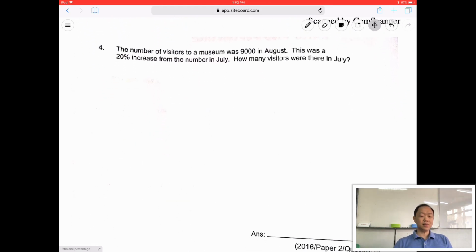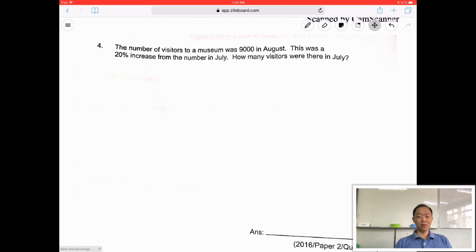Okay, so the number of visitors to the museum was 9,000 in August. This was a 20% increase from July. So 9,000 in August, we got 9,000 people. So we got July. 20% increase means August is 120% and July is 100%.